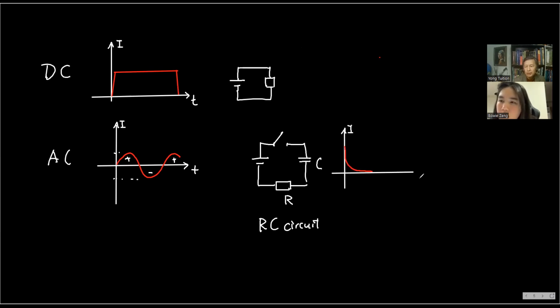So the current will change very quickly. In other words, in DC, dI/dt, if you use calculus, you can say dI/dt is always equal to zero. And for the AC, dI/dt is not equal to zero.